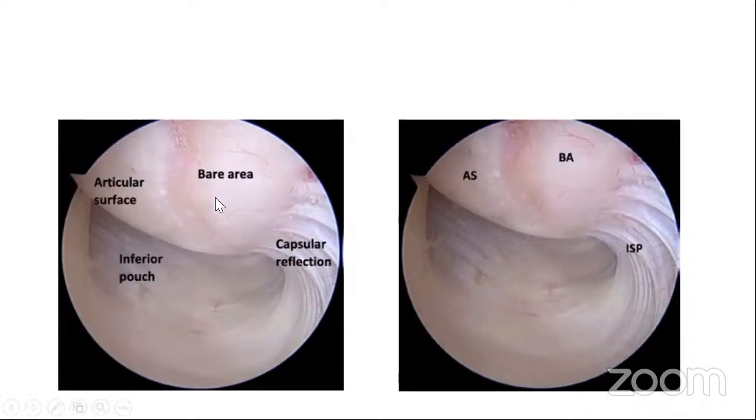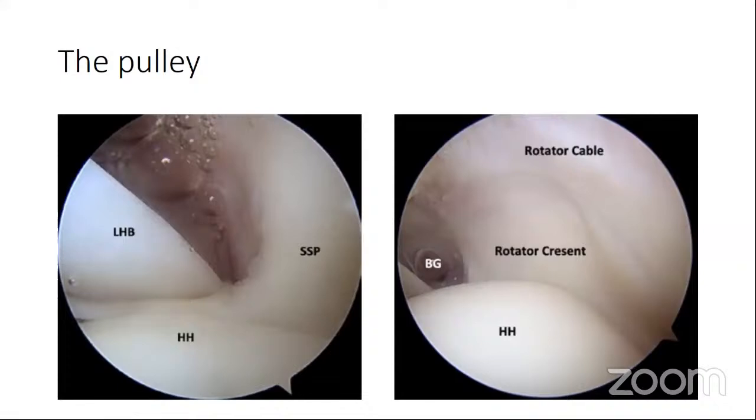Also, one should note that on the inferior part, there is this bare area. The bare area should also not be mistaken for an osteochondral lesion. It's a clear space between the articular surface and the capsular reflection where we have the infraspinatus attached. So that should also be taken note of.